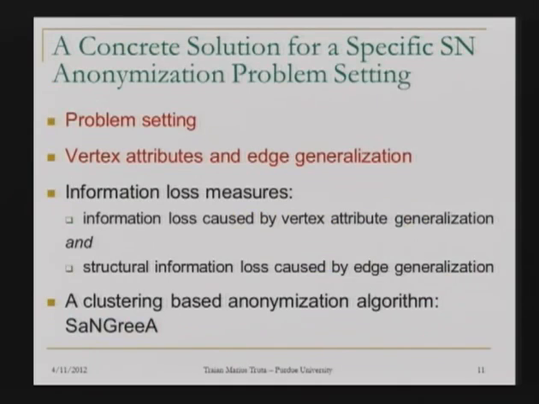And then we will discuss some information loss measures, because it's not enough just to create an anonymized social network. You also need to provide some utility in this social network, so you want to have some information loss measures. And then, briefly, I will mention an algorithm to create this anonymized social network called Sangria.